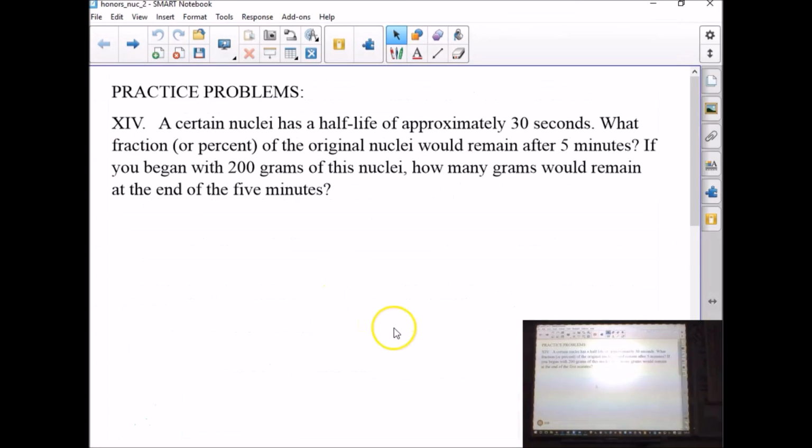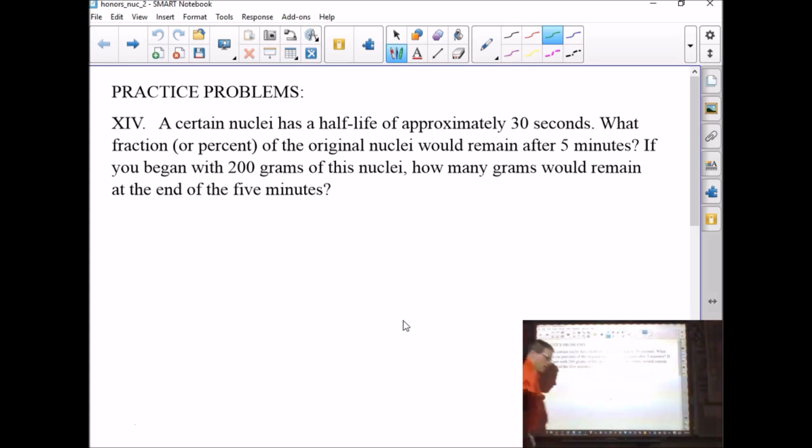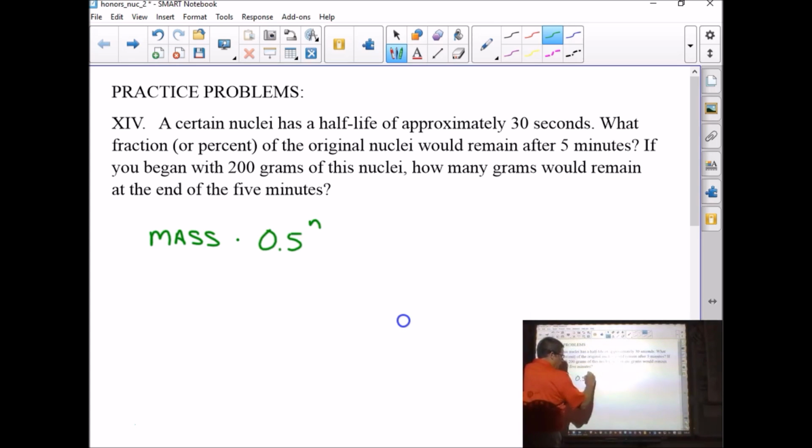All right. So looking at the first practice problem. Okay. And before we actually do the first practice problem, let me give you some equations. Now, the equation that I'm giving you, I will give you, but you'll have to know how to use it. So for half-life, we will use this, which is called mass, which is typically in grams, and you'll have 0.5 to the n.